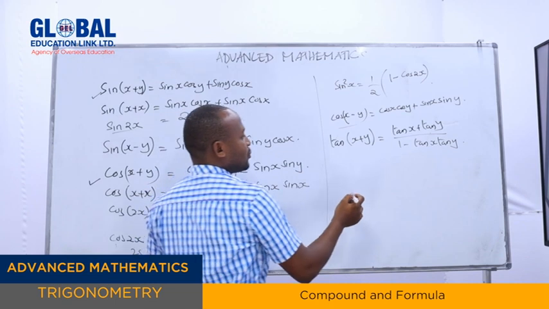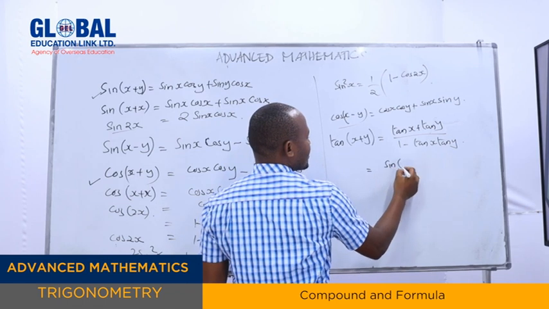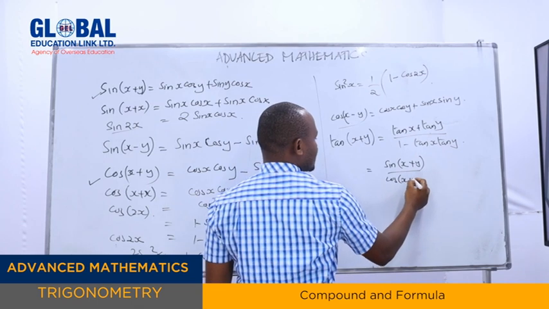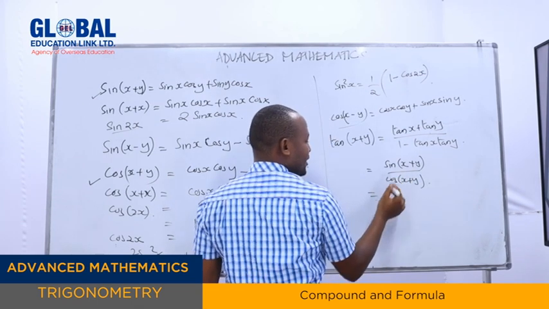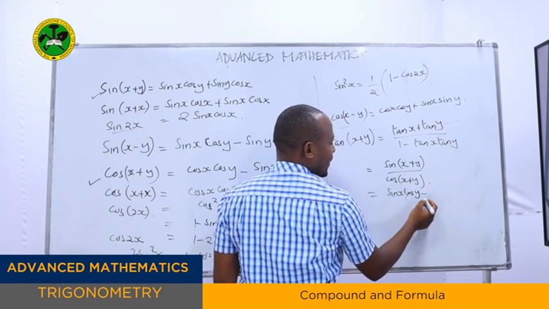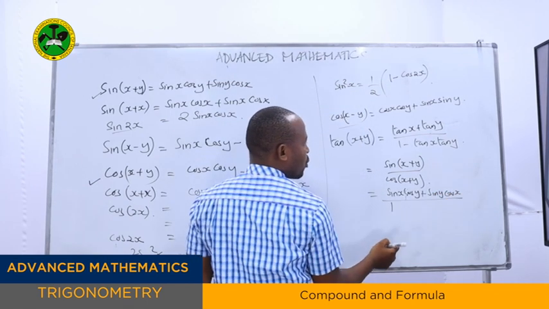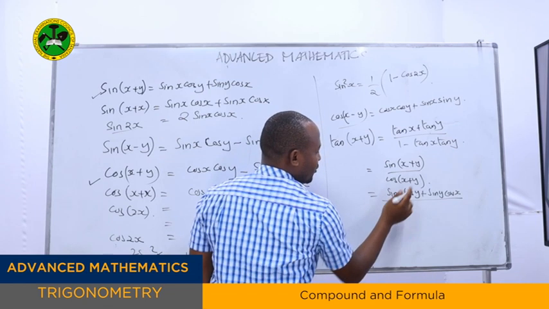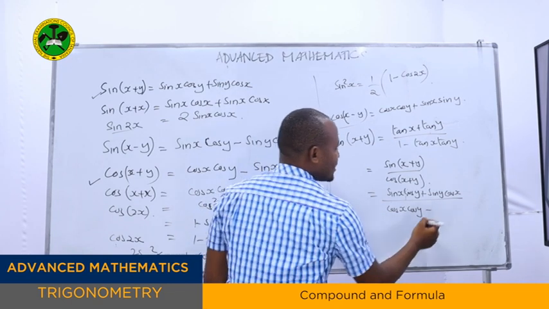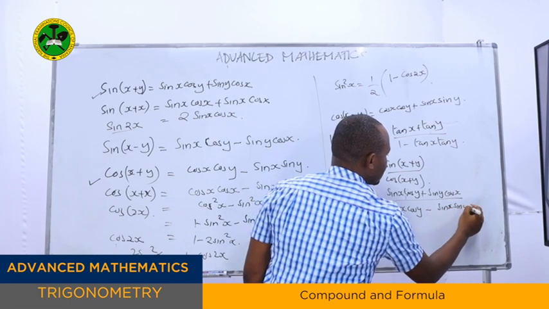That is to say, if we do that, we shall have sin(x + y) over cos(x + y), and we know that this is equal to (sin x cos y + sin y cos x) over (cos x cos y - sin x sin y).